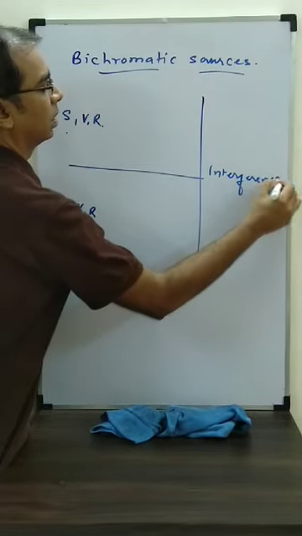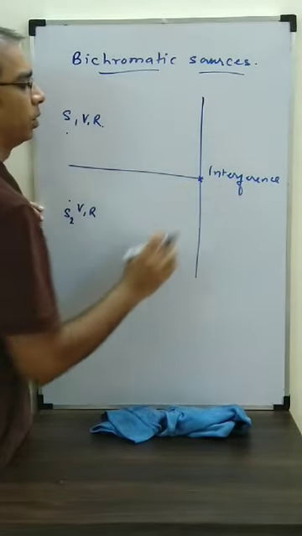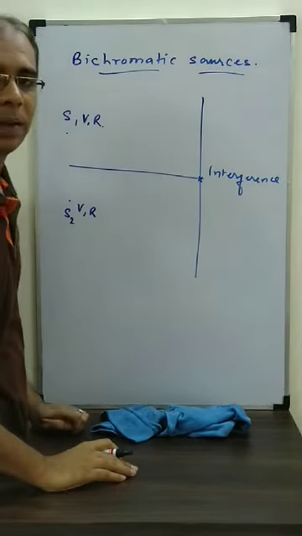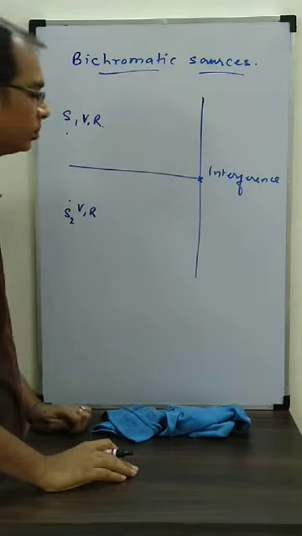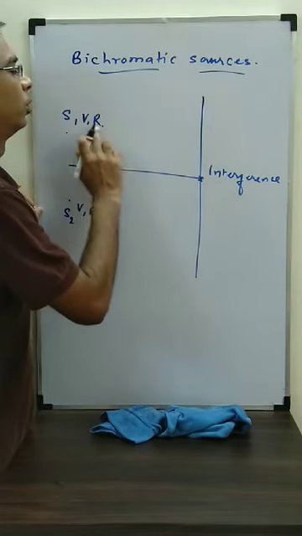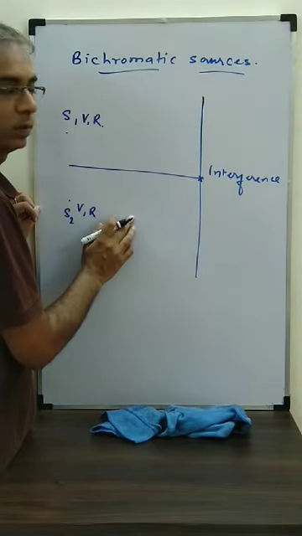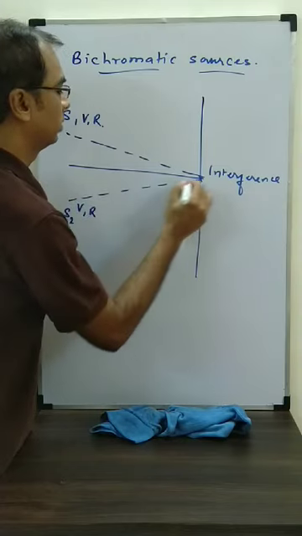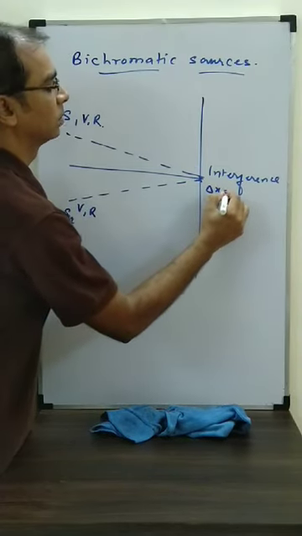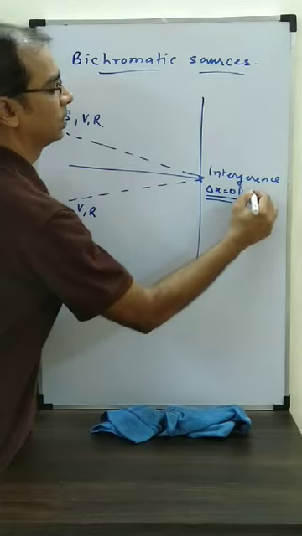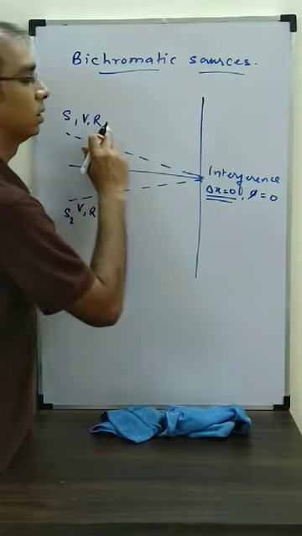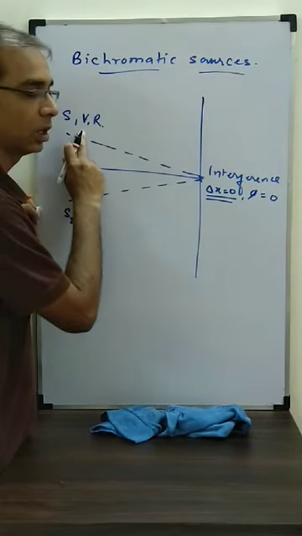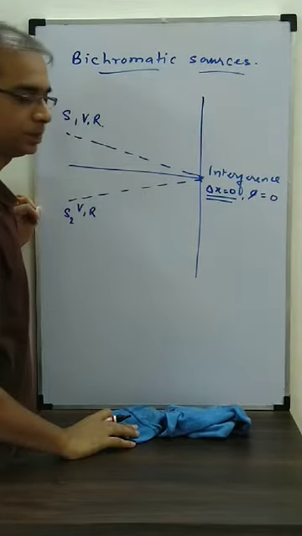At the center, at the middle point, if I ask you whether it will be maximum or minimum, it will be maximum for both violet as well as red. Why? Because here there is no path difference. Path difference is 0 here, so phase difference is 0 for both red as well as violet wavelength. So here will be maximum of both.